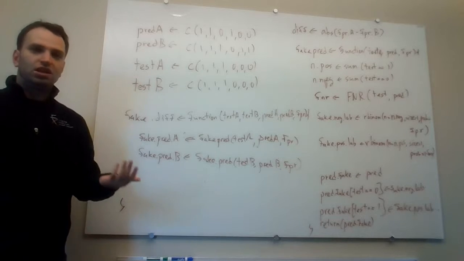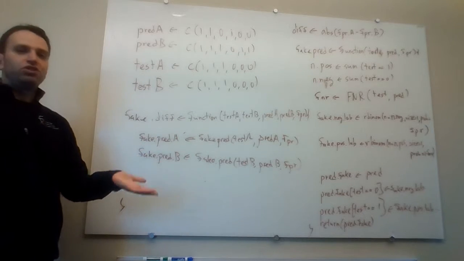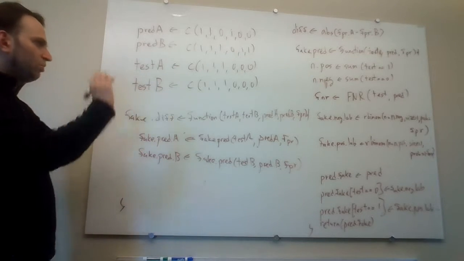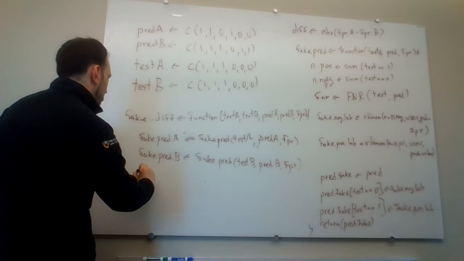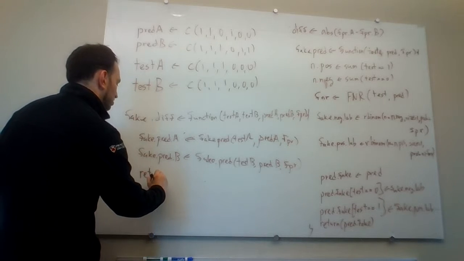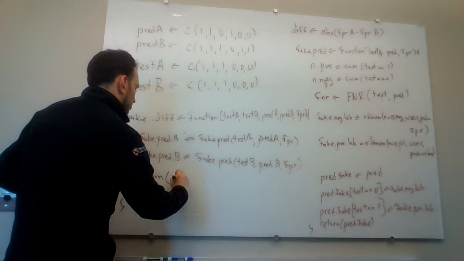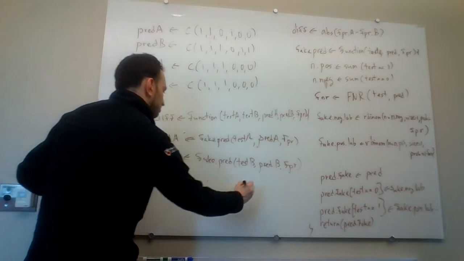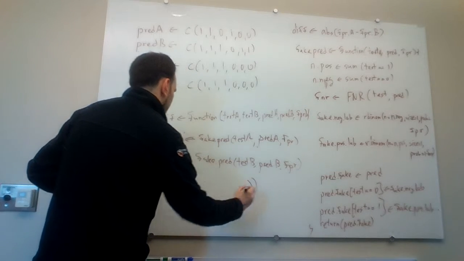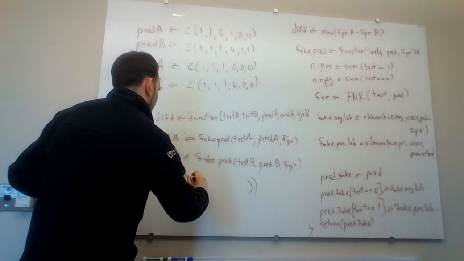Okay? So how do we do it? Well, we wrote this function called FPR in the previous video. Well, we just assumed that we had it. And we're going to say return absolute value, like this, and it's going to be FPR.